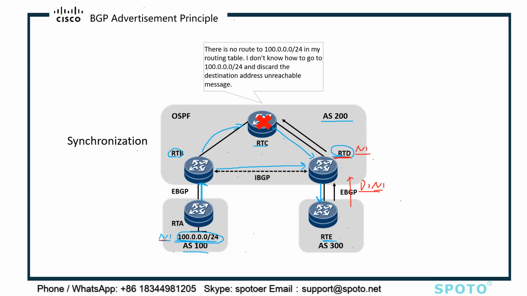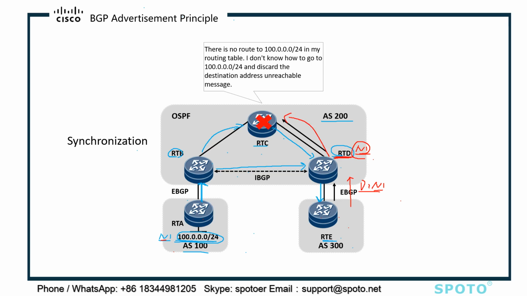We know that RTD has received this route information. So RTD will check that to go to network 1, it needs to send the packet to RTB. But in this topology, we just have the IBGP neighbor relationship between B and D. We don't have a physical connection between B and D. So RTD needs to send this packet to RTC.